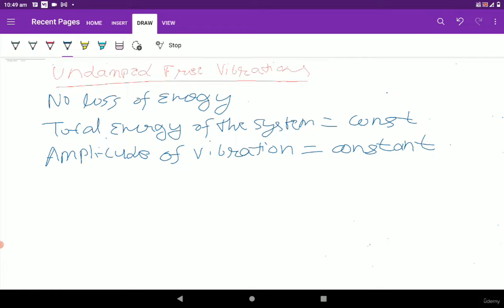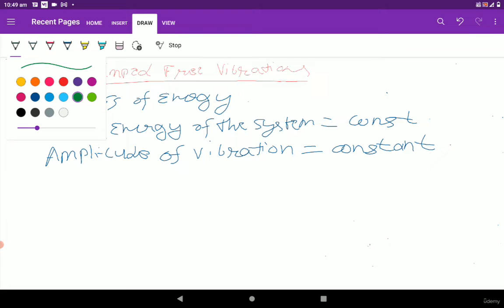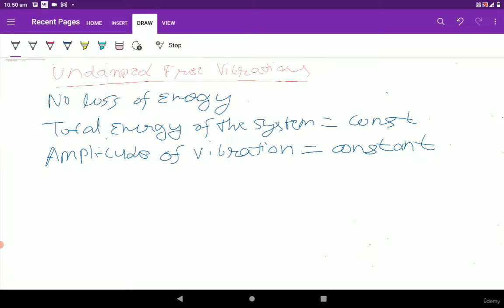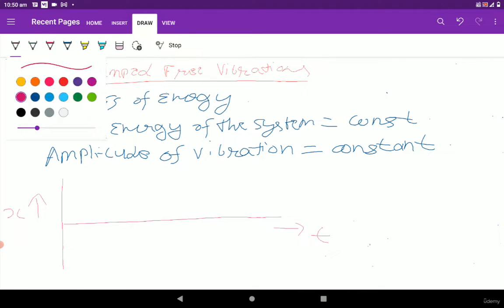So you can observe the following plot somewhat like this. Here the y-axis represents displacement, and the x-axis represents time. Now let's make some base point here.